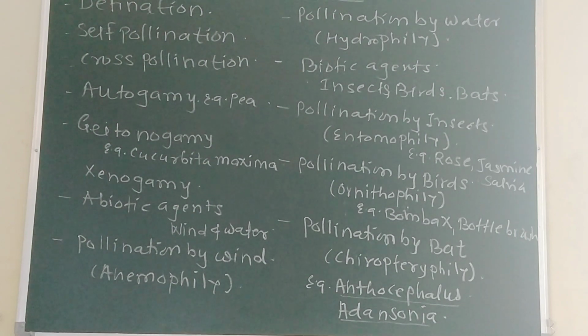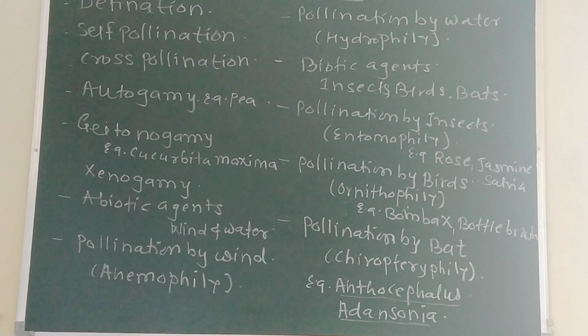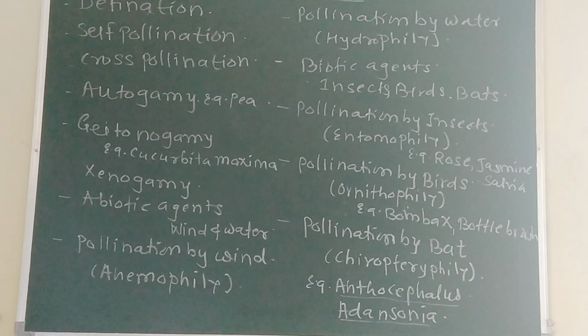Next type, ornithophily. Pollination which takes place by birds is called ornithophily. Example, Bombax, bottlebrush, etc. Adaptations in ornithophilous flowers: flowers are brightly colored, large and showy.